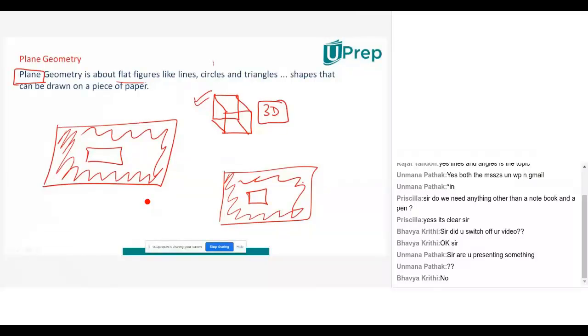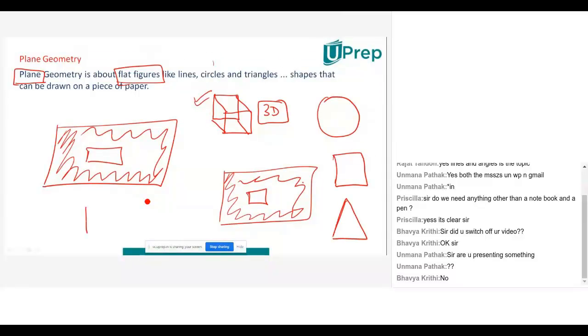Flat figures, in the sense that if I draw a circle, or something as simple as a square, a triangle, or a rectangle, all these are basically flat figures. You can draw them on a piece of paper. If I have to draw a cube, there is an illusion that is created for it to look like one. So that does not constitute plane geometry.